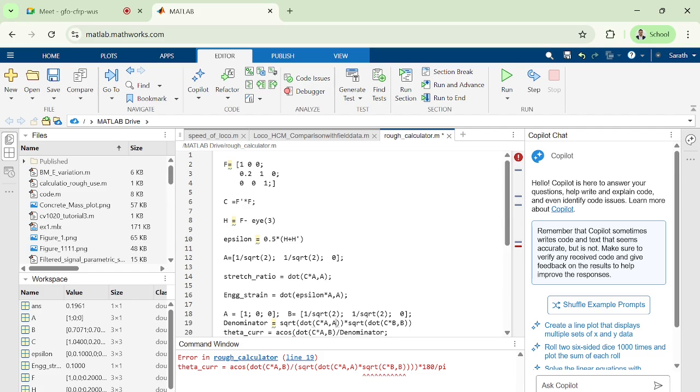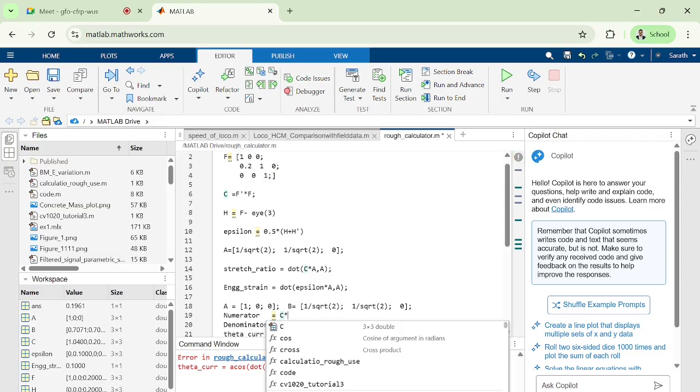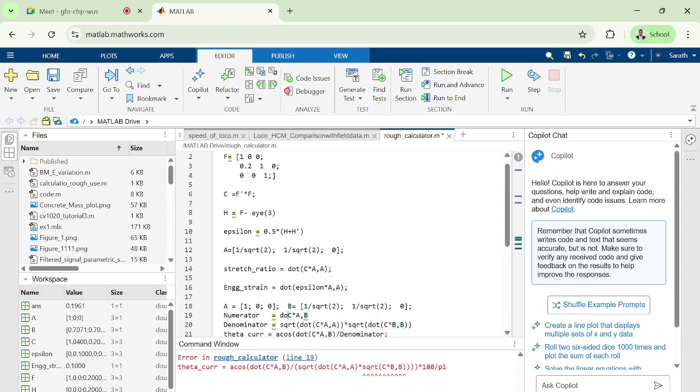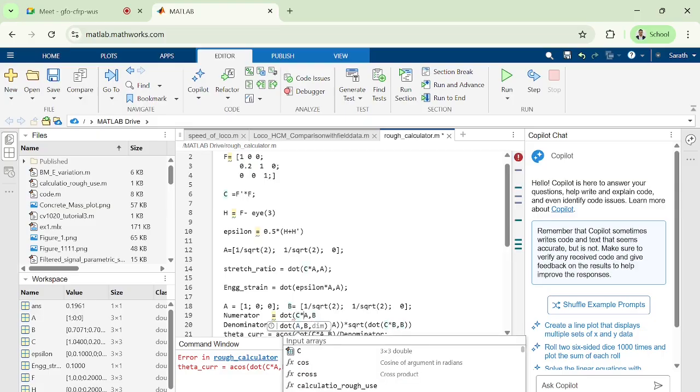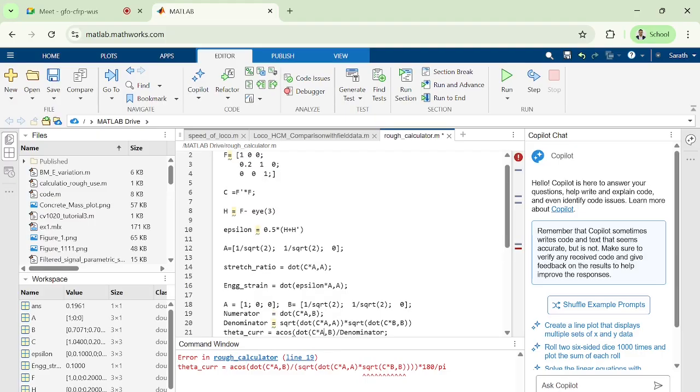Okay, so this is the denominator. Similarly, the numerator will become the dot product of CA and B. Okay, this is done.